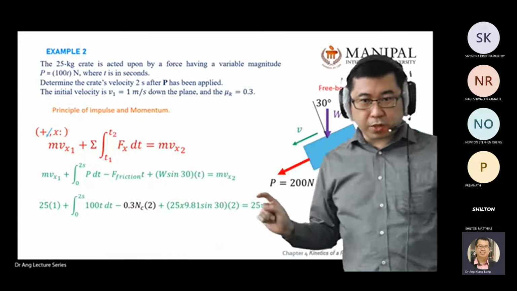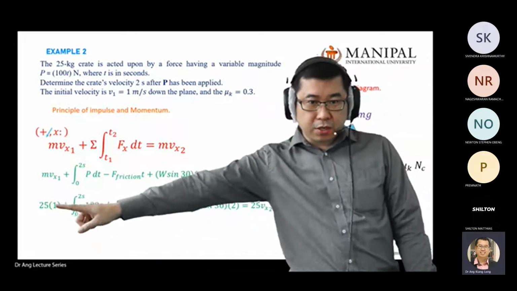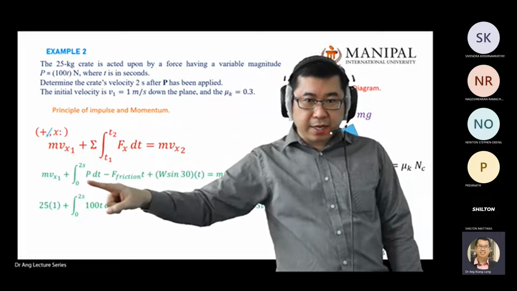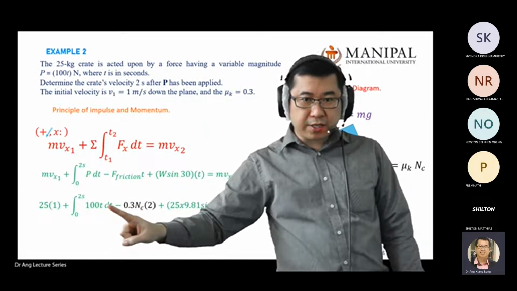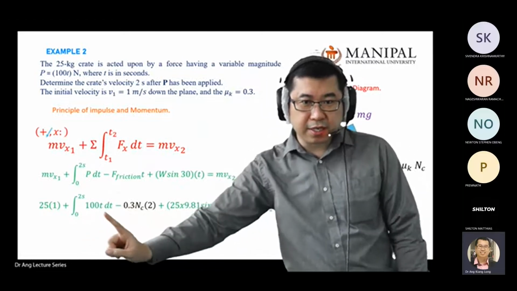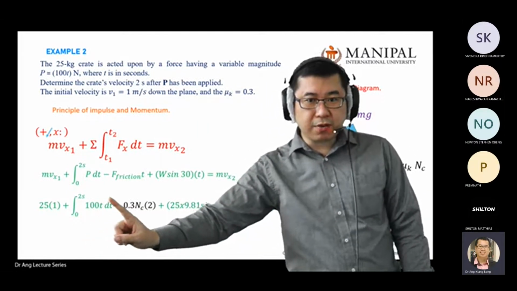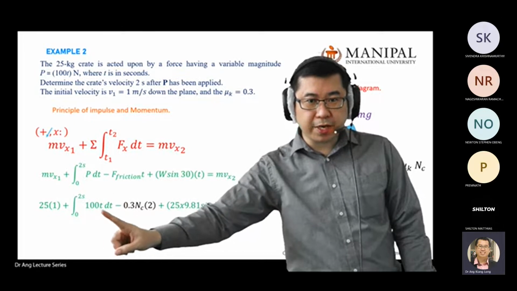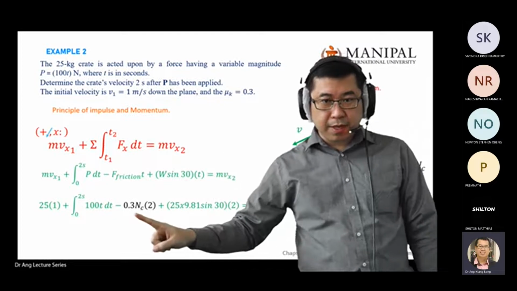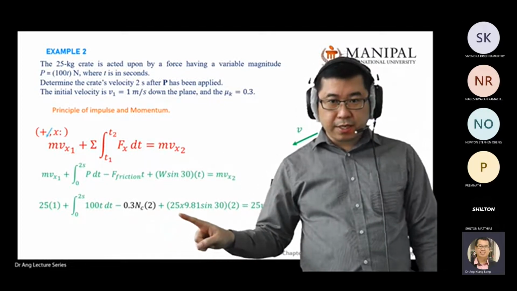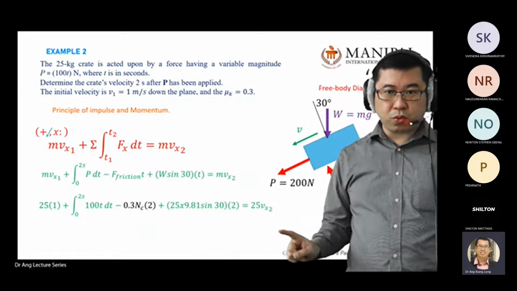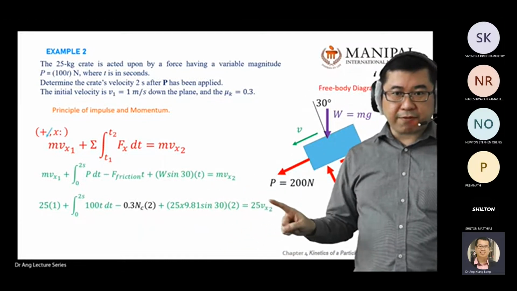So you just substitute the values there, right? 25 is the mass in kilograms, velocity 1, P is 100t, and you need to do integration here. Again, t is integrated here, so t squared divided by 2, and 0.3 is given, for 2 seconds, W is 25 g, sine 30 times 2, mass 25, and so on.